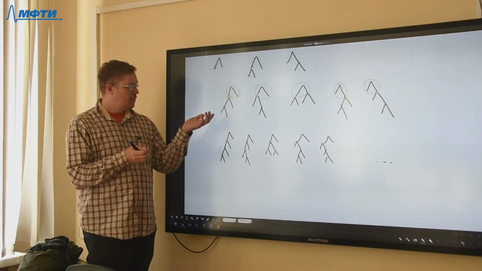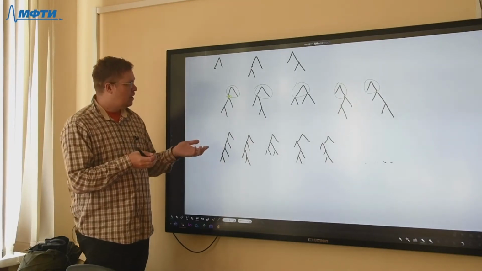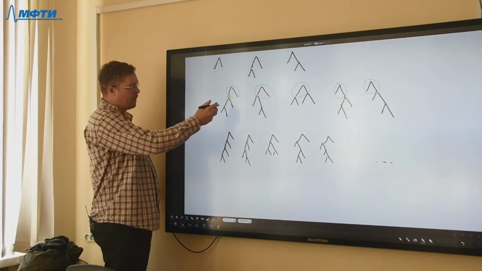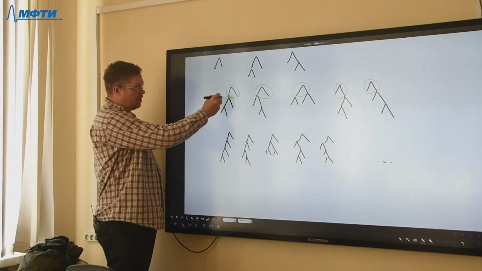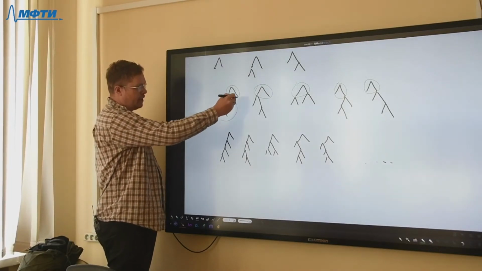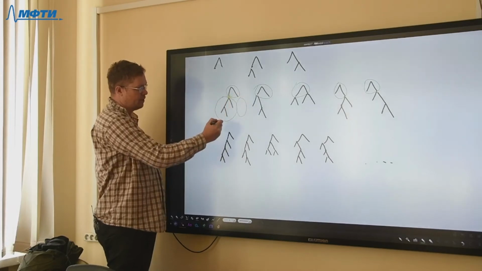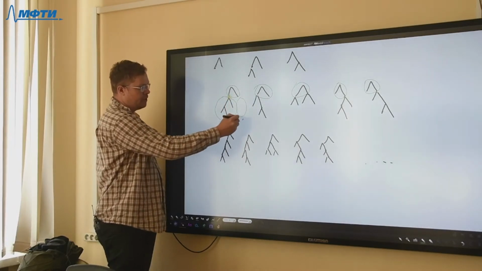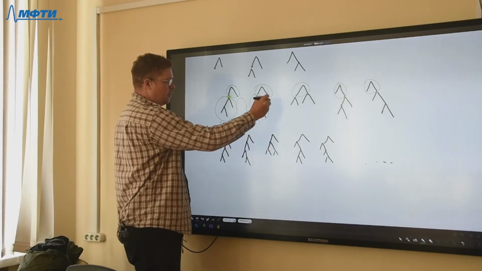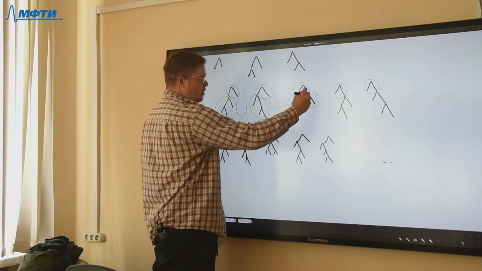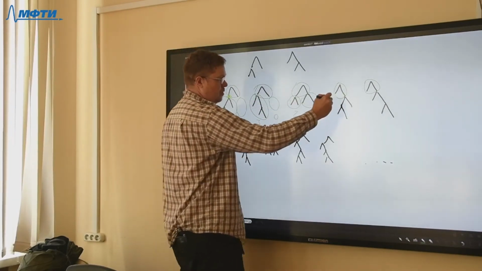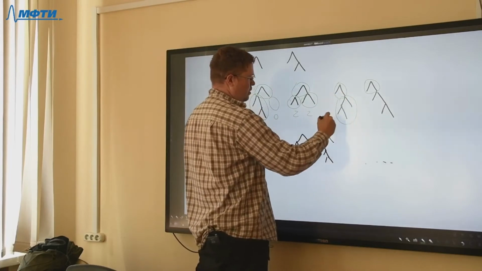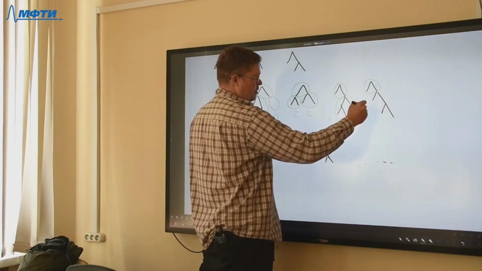So I just need to calculate how many leaves I have here and how many leaves I have here. Here we have 3 leaves and 0, 3, 0, 2 and 2, 0, 3, and 0, 3.